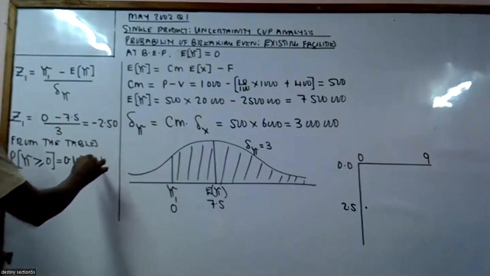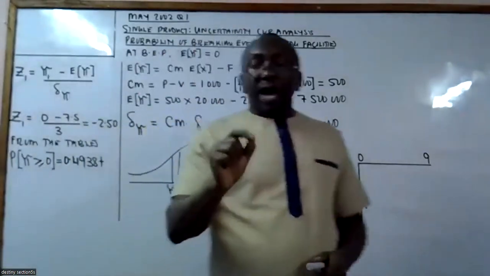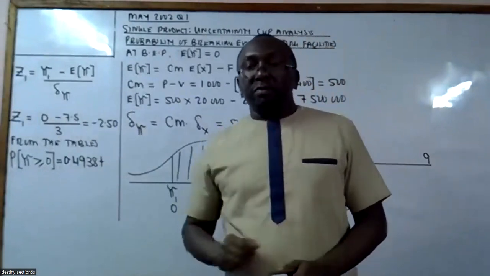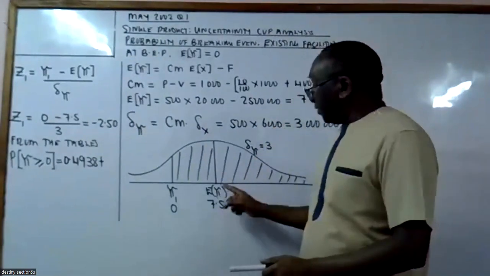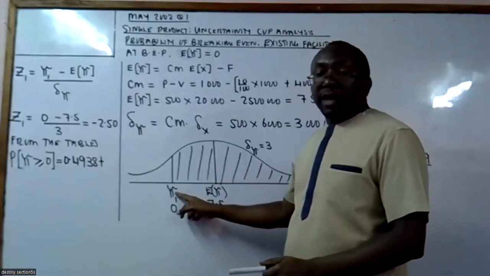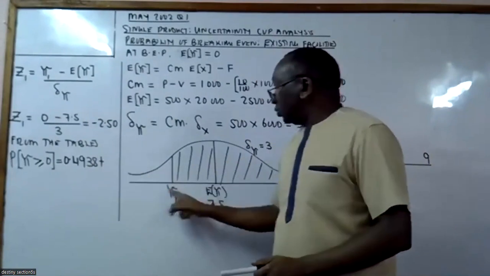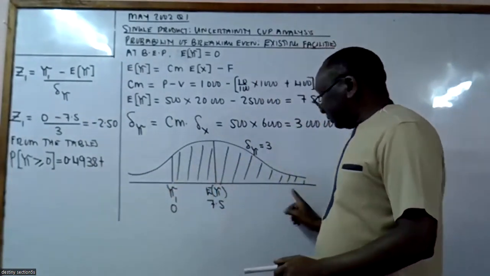0.4938. Now, anytime you go and read in the tables, the answer you get is always the probability from the center to where your x1 or pi1 is. So this is the probability from here to here. But we also want this one.